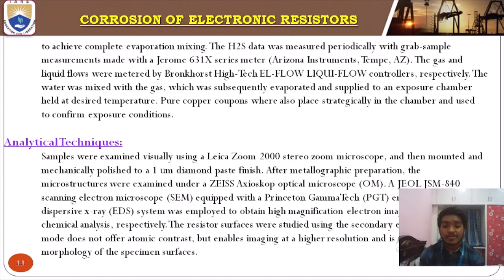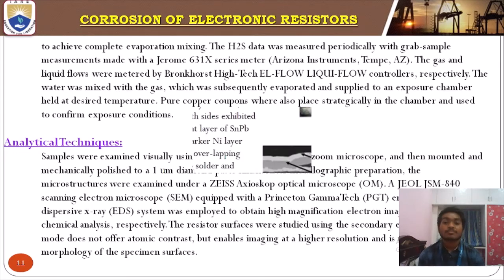The resistor surfaces were studied using secondary electron mode. This mode does not offer atomic contrast, but enables imaging at higher resolution and is more sensitive to the morphology of the specimen surfaces.